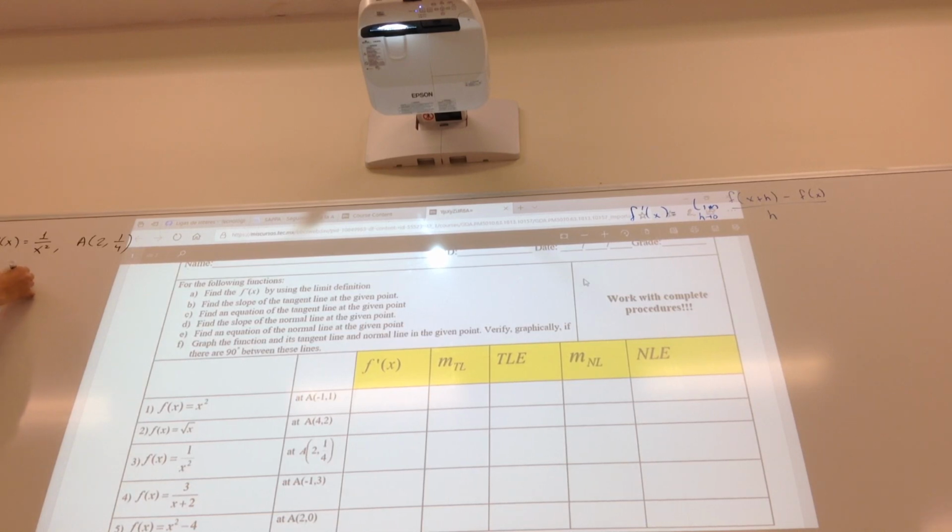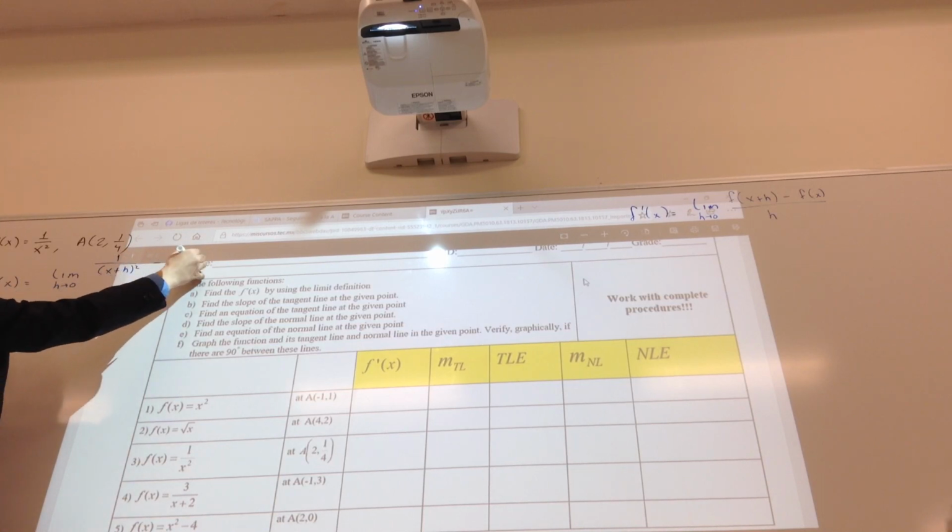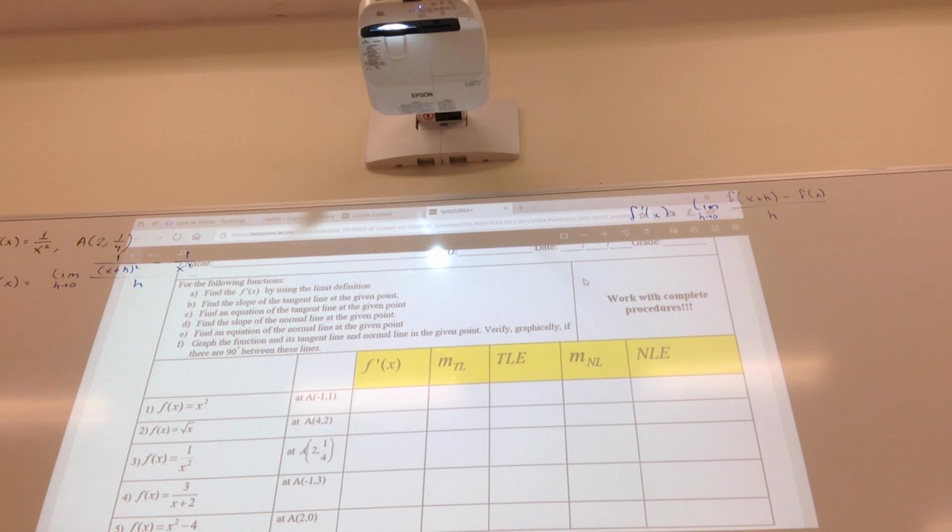F prime of x is going to be the limit as h approaches 0 of 1 over (x plus h) squared minus 1 over x squared, over h. Okay? Do you see why it's like that?